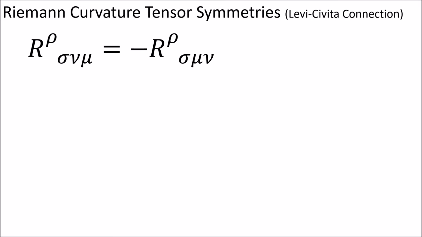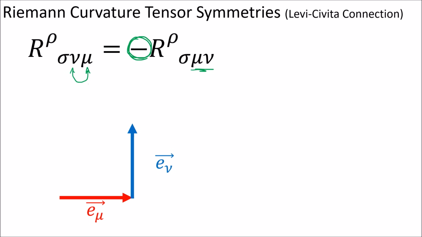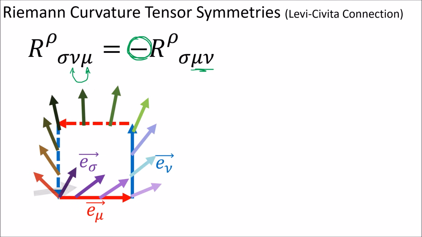The first of these symmetries says that when we swap the third and fourth indices of the Riemann tensor, we get the same component number but with a negative sign in front. The reason this is true is because the third and fourth tensor indices correspond to the two vectors we use to make the parallelogram loop that we parallel transport around.